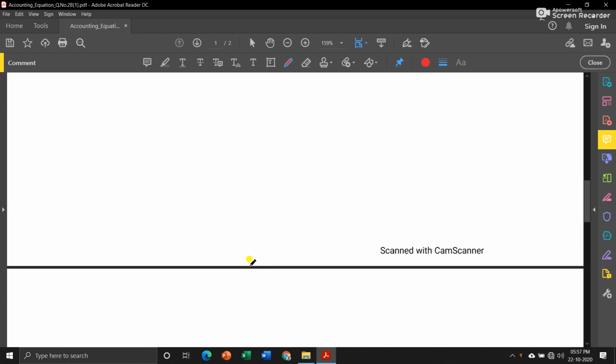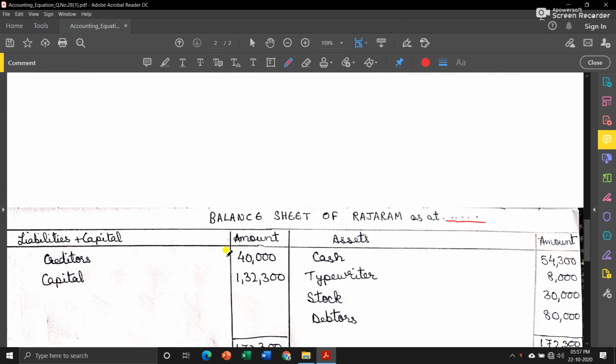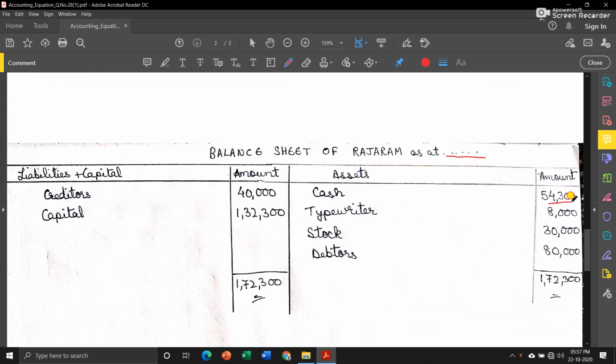Now for writing the values or amount of these items, we will write all the last value. That means after last transaction, what new equation we got, we will write all those things. Cash we had 54,300, we wrote 54,300. Then typewriter we had 8,000, stock we had 30,000 and debtors 80,000.